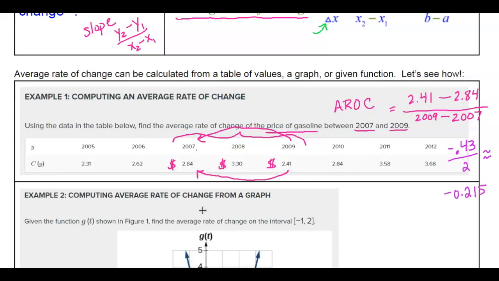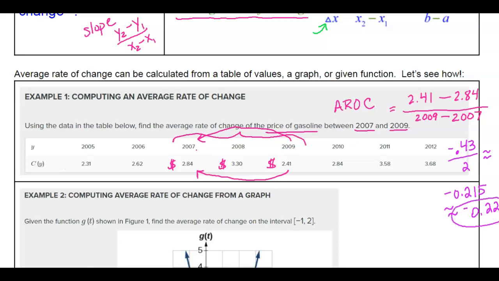Since we're talking about money, I'm going to round that, so negative 0.22. What we really found is that on average, the price of gas from 2007 to 2009 decreased 22 cents.